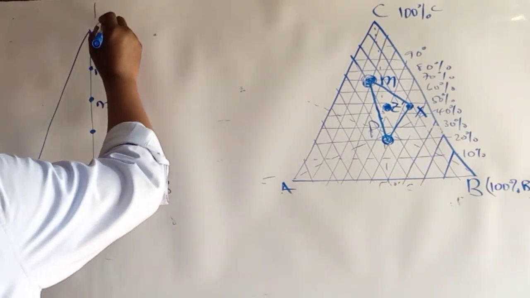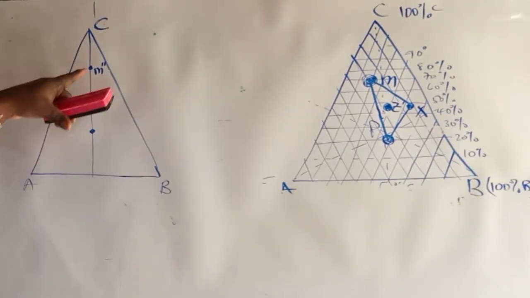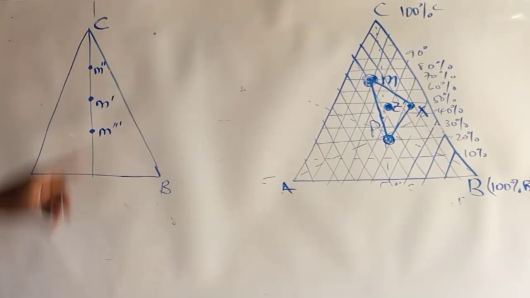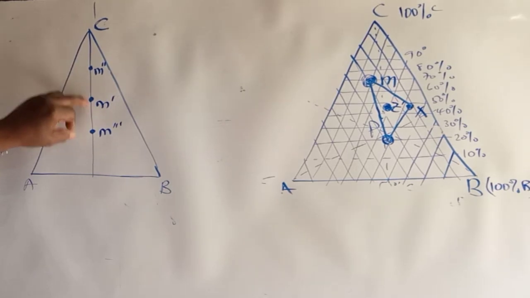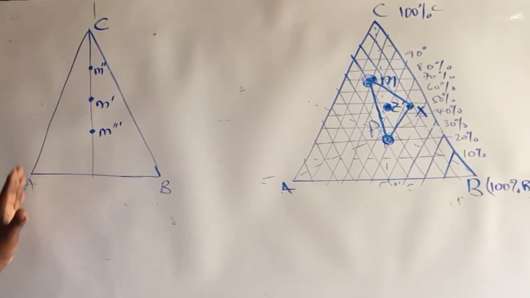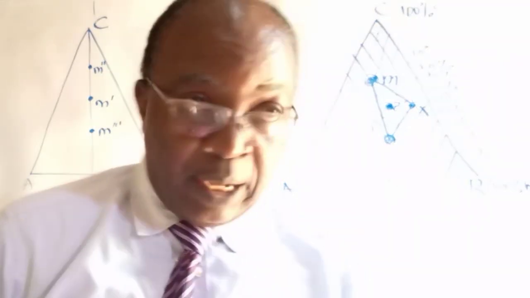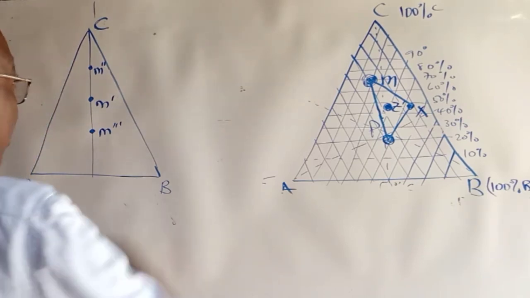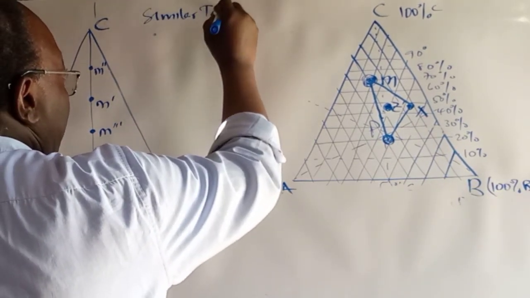The compositions here, M prime, M double prime, M triple prime, these compositions which you'll have at these state points, will all have A and B in the same ratio. And you can show that from the principal theory of similar triangles.